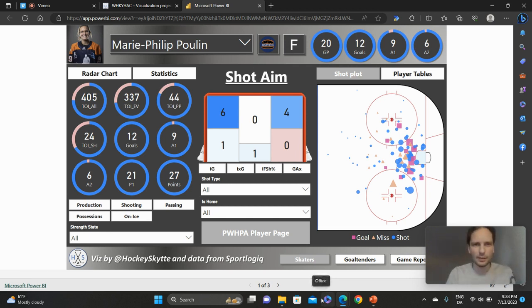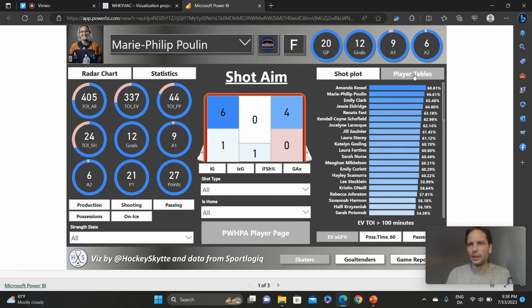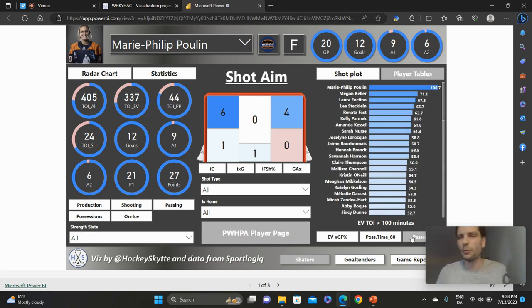I selected Poulin because she's an interesting player. She's obviously very, very good. But if we go to player tables here, we get to see information about the entire league at once, all the players at once. The one that sets Poulin aside from all other players is her number of completed passes.